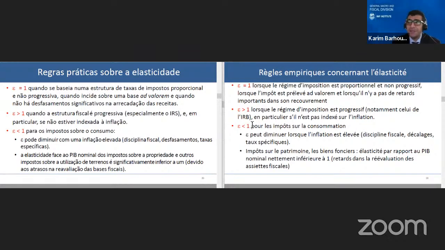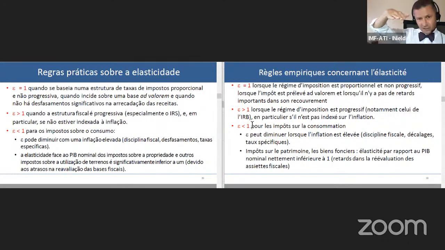Now, just to summarize this, just one other minor point. This is on income taxes in particular, especially when you've got inflation, high inflation rates, and the fiscal drag that occurs by not changing the tax brackets.